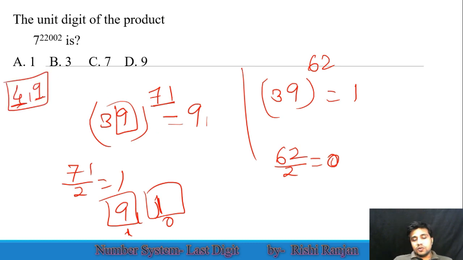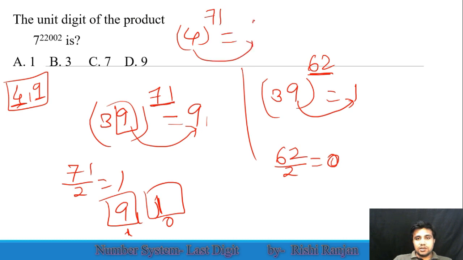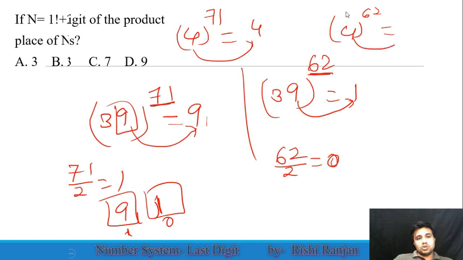If the last digit is 4 or 9, in that case, if the power is odd, the same digit will be the answer. If the power is even, the next digit will be the answer. Same for 4 also. 4 power 71, same digit is the answer. If it is 4 power 62, the next digit will be the answer. 4, 6. 6 will be the answer.